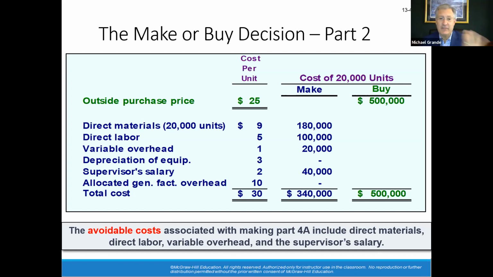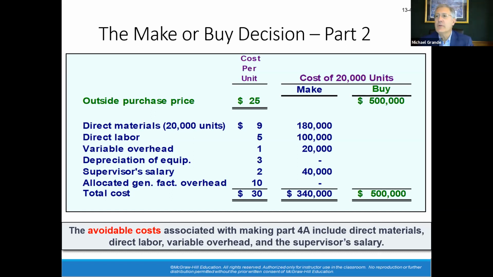So it makes it relevant. The allocated general factory overhead at $10 per unit is irrelevant because that cost would stay in the business. It would simply get reallocated to the other products.